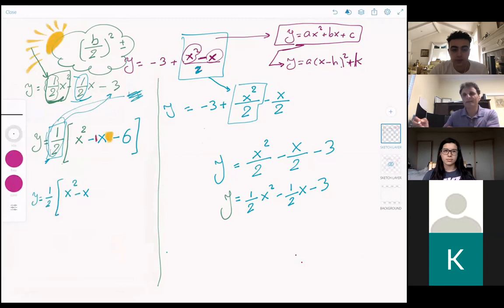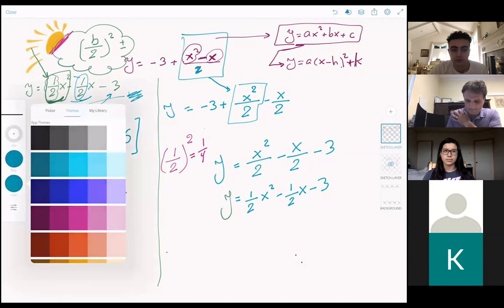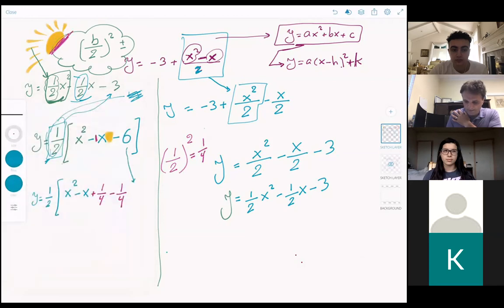B is 1, correct? So 1 divided by 2 squared, we get 1/4. Following this formula, we will add 1/4 and we will subtract 1/4. Then we apply the -6.